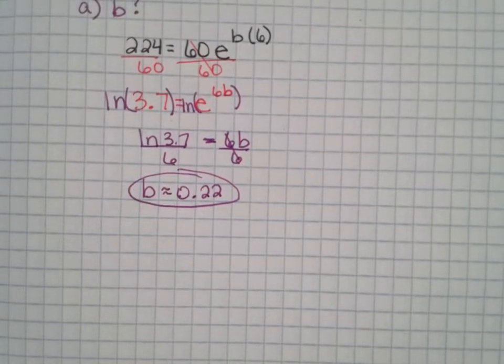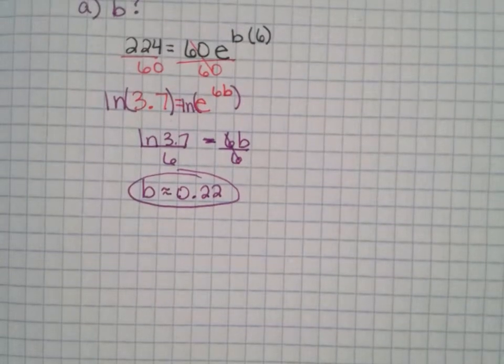Natural log of 3.7, over 6. And you should get about 0.216 or 0.22. Mine said 0.21. Okay, same thing.